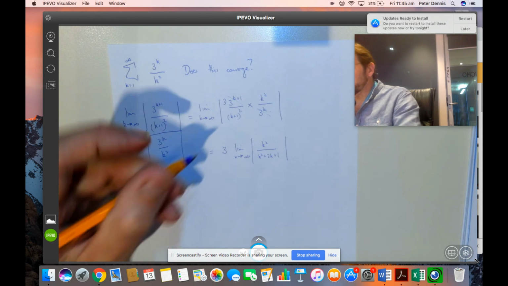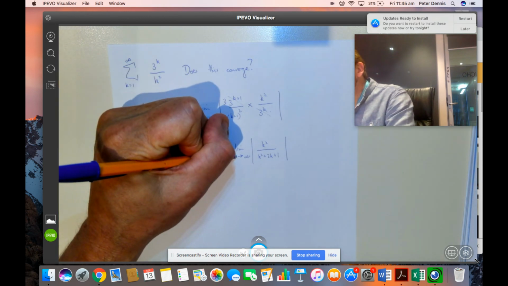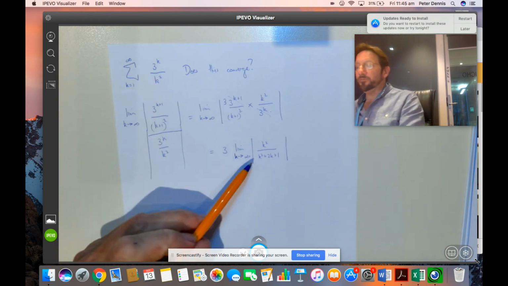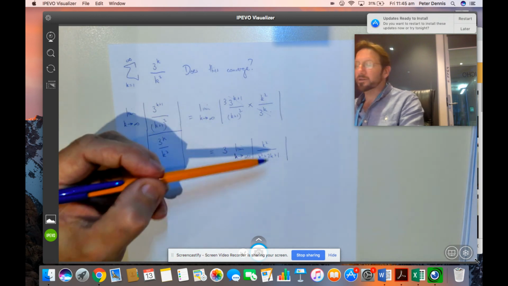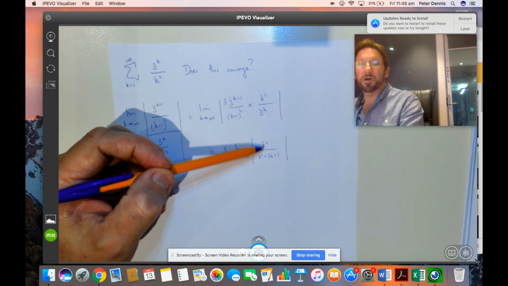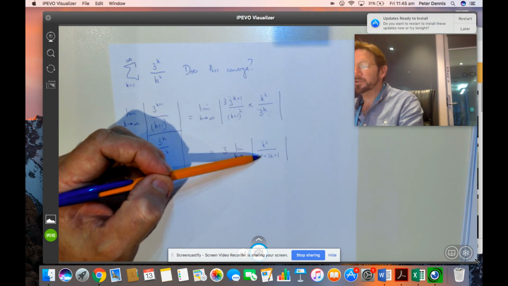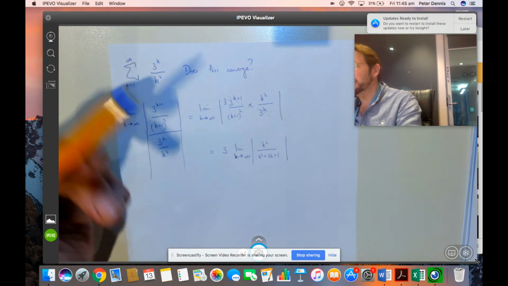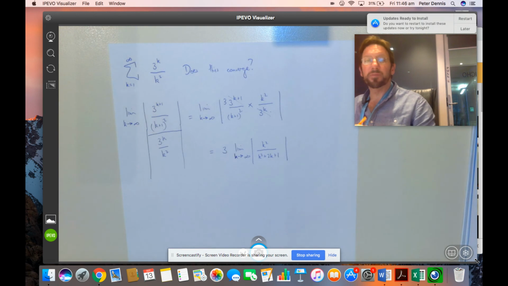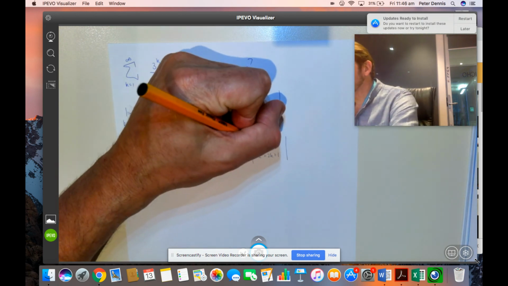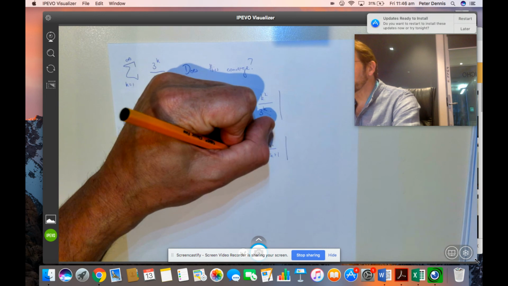Now, if we think of the limit of this, I can see that the limit of this is going to be 1 as k tends to infinity. We could do it mathematically properly, I guess. Divide everything top and bottom by k squared.